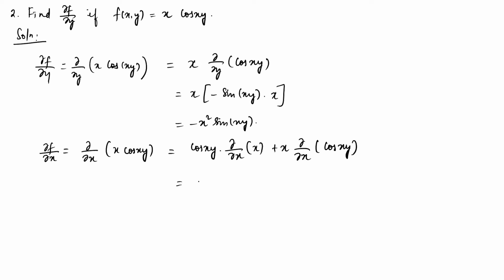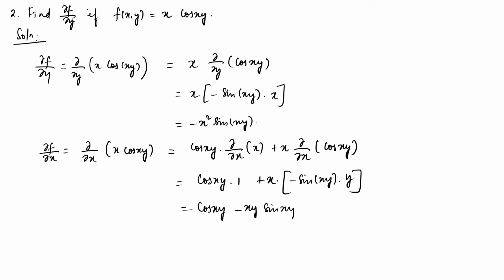So in this case, we would get cos xy multiplied with 1, plus x multiplied with minus sin xy times y. So it is going to be cos xy minus xy sin xy. Am I right? Yes, sir. Good.